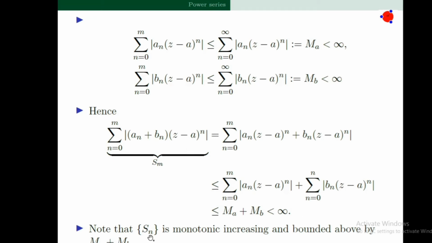Therefore the sequence Sn is a monotonic increasing sequence and bounded above by this. So the sequence Sn is a convergent sequence, and this sequence being convergent means the series sigma (an plus bn)(z minus a)^n is absolutely convergent.